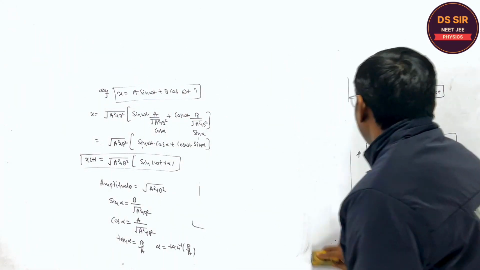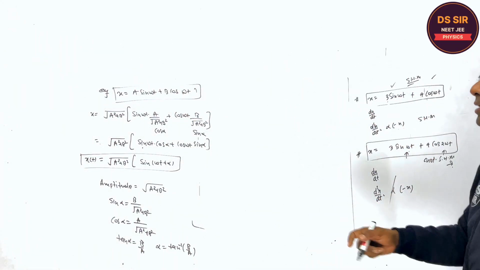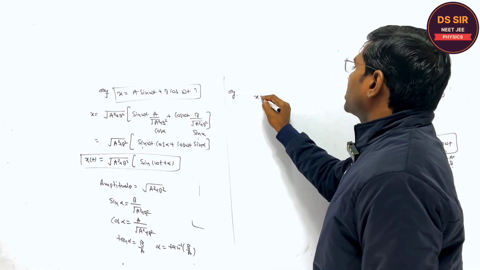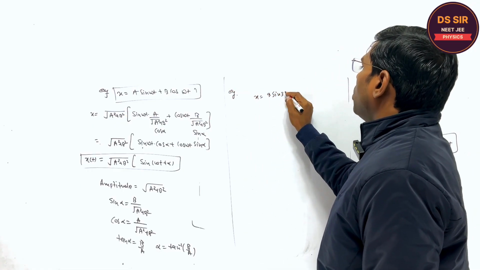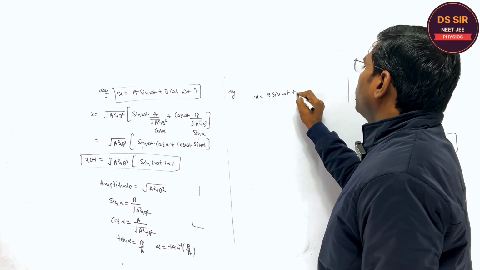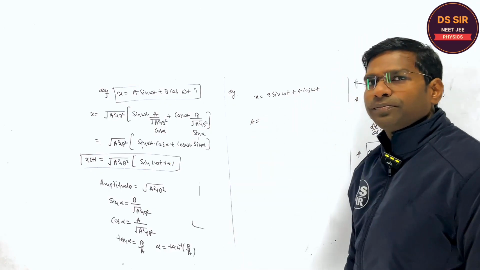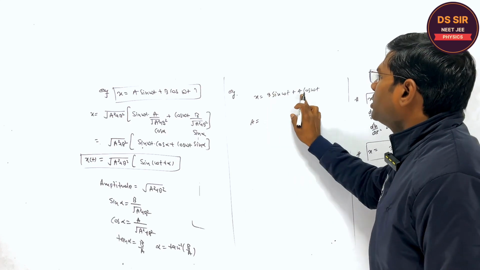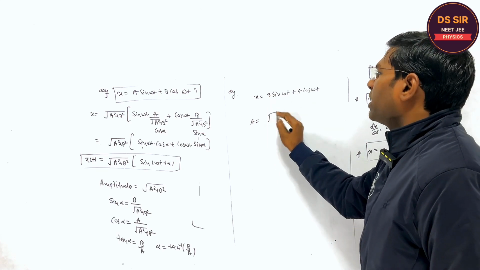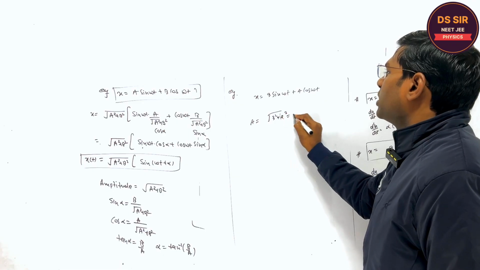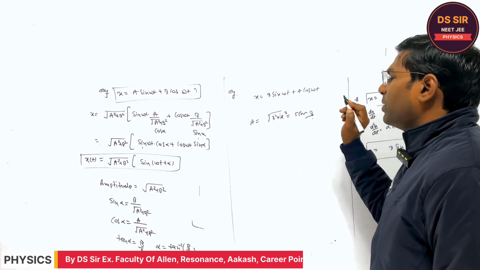Now consider an example. This type of example is given in your book. X is equal to 3 sin omega t plus 4 cos omega t. Can you find its amplitude? This is a, this is b. Root over a square plus b square is equal to 5 centimeter or 5 meter.